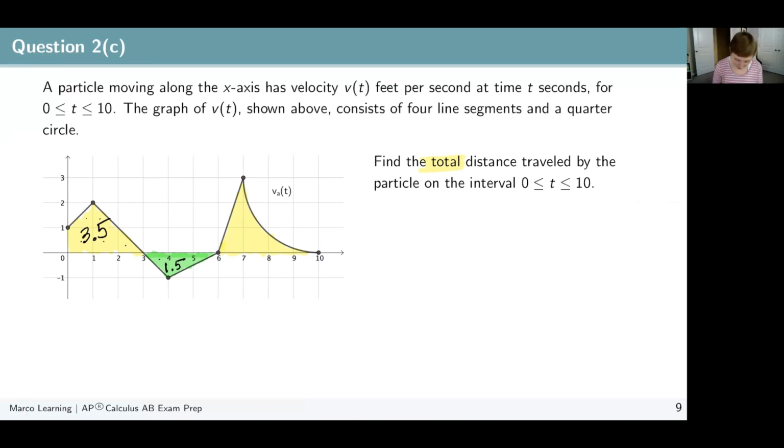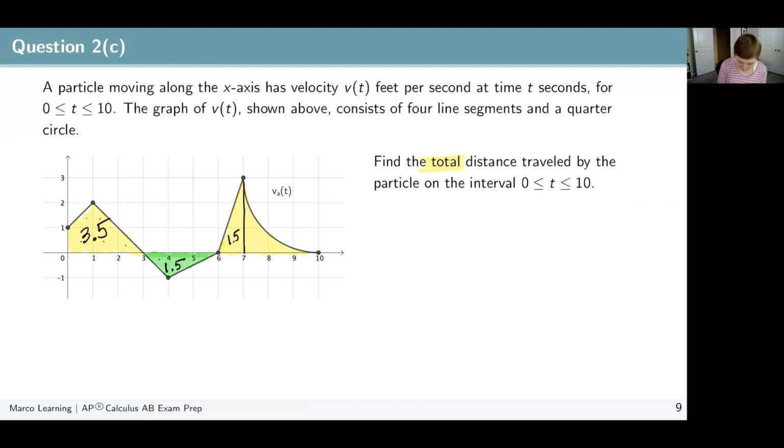Now, the area between 6 and 10, so it's kind of a strange looking shape here. If we break this apart and just look at the integral from 6 to 7 first, that's half of a 1/3 rectangle. So that part right there has area 1.5. And then from 7 to 10, we want the area underneath that quarter circle.